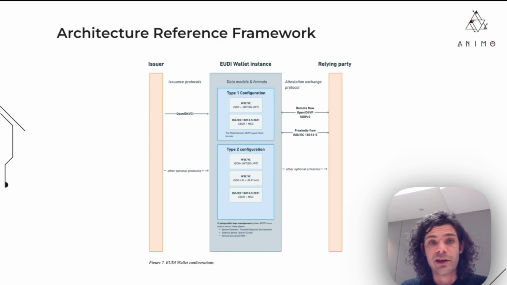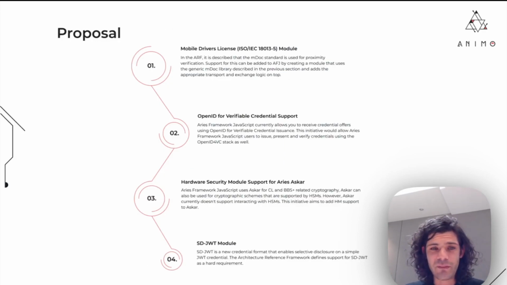Following the architecture reference framework, we proposed 4 work packages with the overarching goal of getting the framework up to speed with the standards that are outlined in that document. So let's go over them quickly. The first one is mobile driver's license.